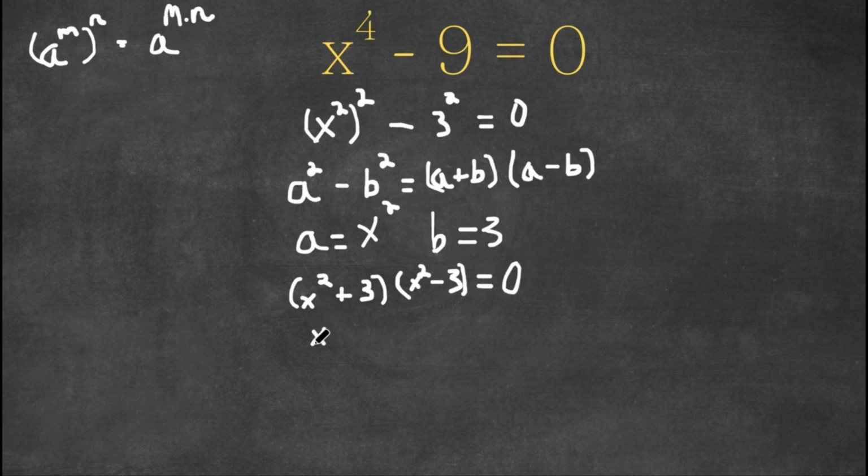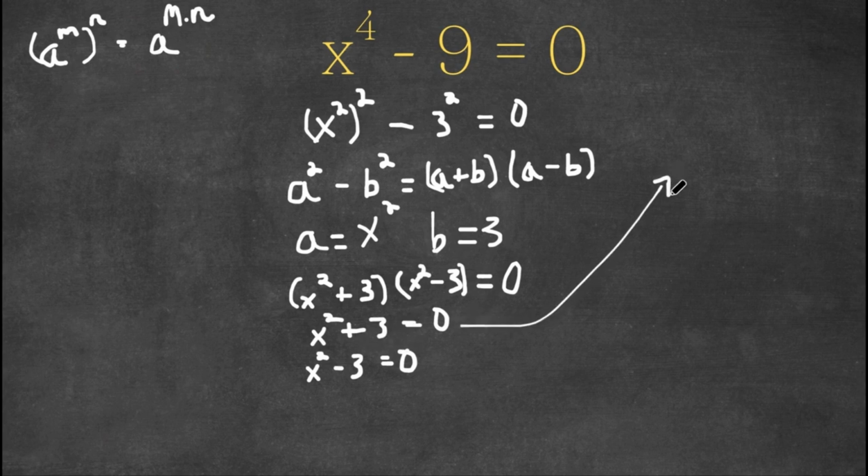We have x squared plus 3 equals 0, and x squared minus 3 equals 0. So for x squared plus 3 equals 0, we're going to subtract 3 on both sides. So if we subtract 3 on both sides, we get x squared is equal to negative 3.